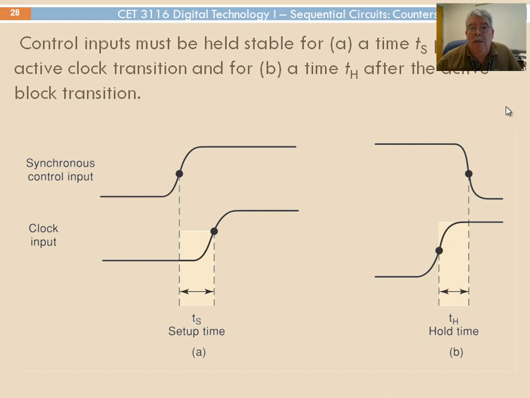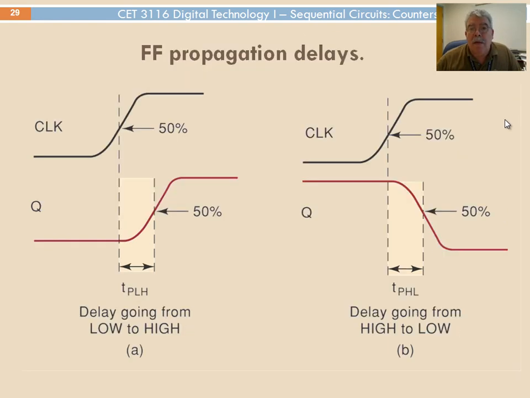With respect to the propagation time, we can depict it like this. If this is the clock and the input is stable at the point of the clock transition, that's when we are supposed to read the input.